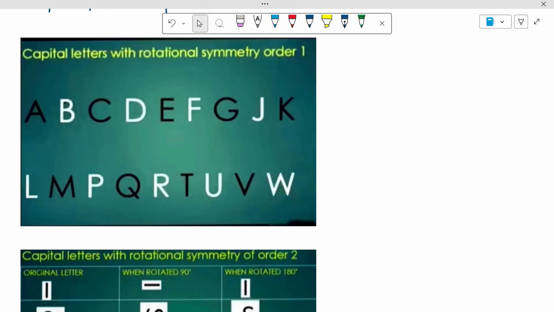If you rotate it to 180 degrees, it will not look same like letter A. Then rotate it to 270 degrees, it will not look same. But unless you rotate it full to 360 degrees, then only it will look exactly same. So these are the letters which have rotational symmetry of order 1.